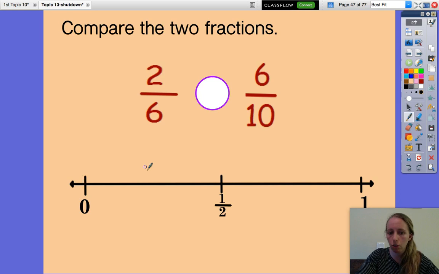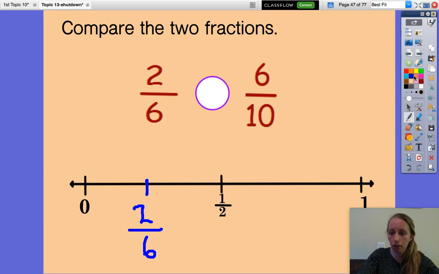Only 2 jumps away would be 2/6. I would still have, say, 1, 2, 3, 4, 5, 6. It would only be about here, right? I'm not doing this perfectly. I'm just saying about, right? Because we're comparing them to 0, 1/2, and 1 whole. 0/6, this would be about 3/6, and this would be 6/6.